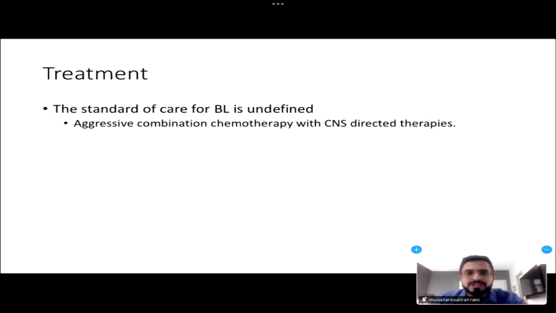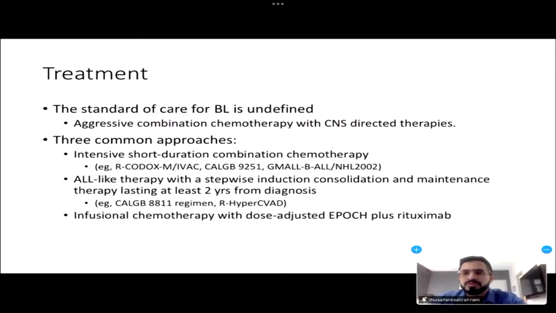In terms of treatment, the standard of care for Burkitt lymphoma is still undefined, but the current treatment includes aggressive combination chemotherapy with CNS-directed therapy. 3 common approaches exist. One is intense short-duration combination chemotherapy, examples of which are the McGrath protocol, CALGB, or the German BFM protocols.